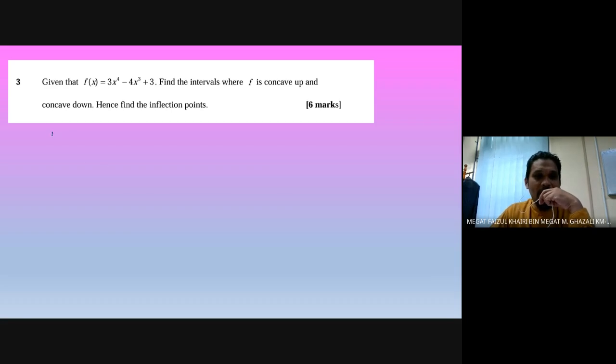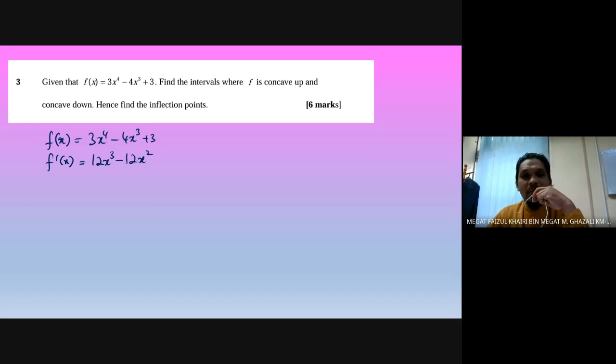So first, this is your f(x), 3x to the power 4 minus 4x cubed plus 3, then f prime(x) equal to 4 times 3, 12x cubed minus 3 times 4, 12x squared.